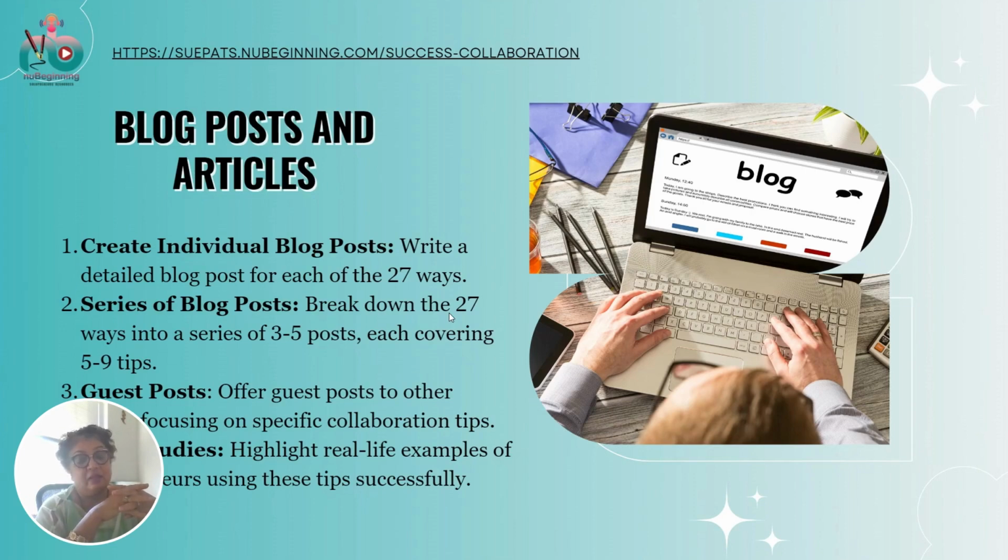Some audiences don't have that much time to go through long blog posts. But if you have small blog posts coming in a series and sequence, they might like that. So you have that option. Each blog post will cover just 5 to 9 tips, depending on how long a blog you want to write.